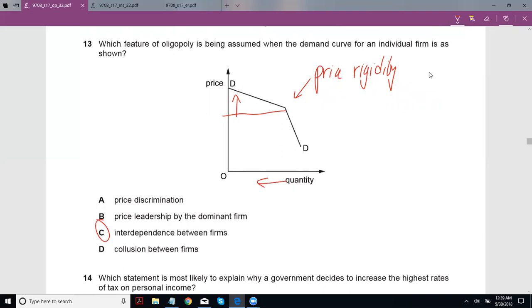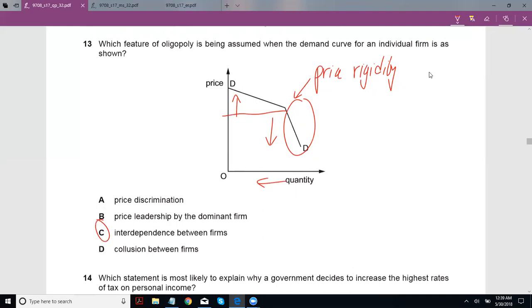A lot of your customers will switch to them. If you decrease prices, you don't get a sharp increase in quantity, so it's not really worth it. Hence you have an inelastic demand curve segment, because your rivals follow the price cut, and not a lot of consumers are attracted to you.